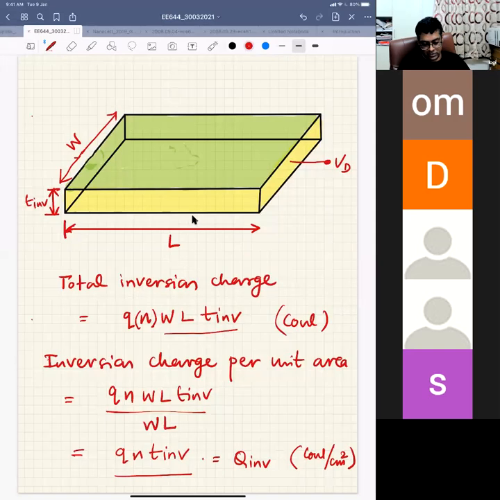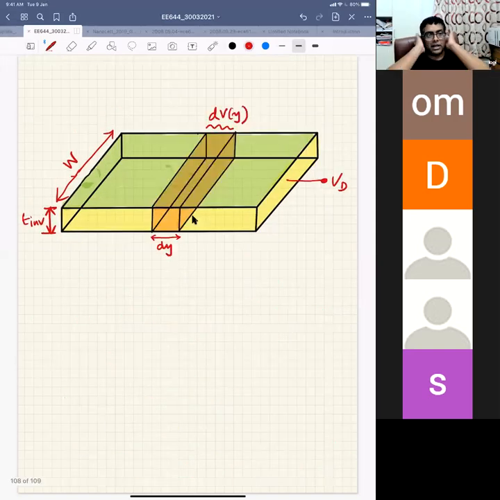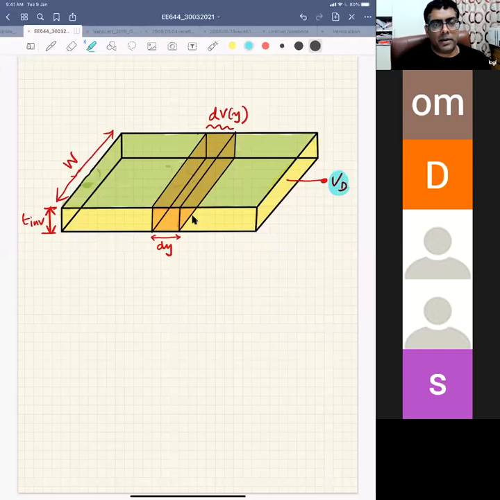Now, if I apply some VD and I want to find current, I have applied some drain voltage. Let's take a small part in that channel.